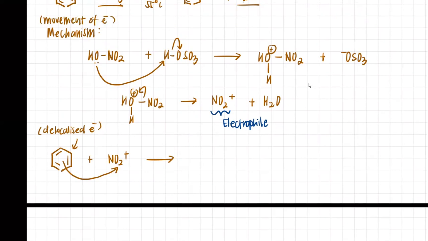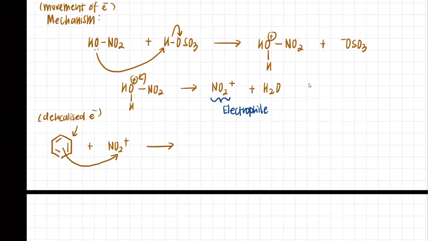So here benzene moves to the nitronium ion and forms three derivatives. You have to draw out these three derivatives.